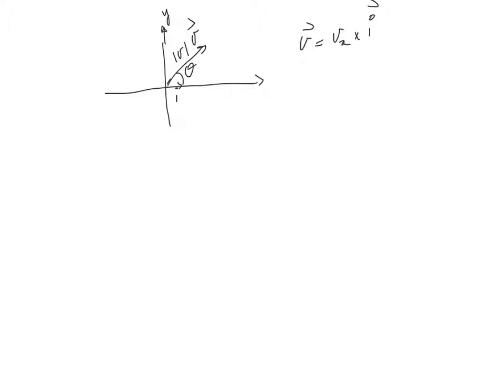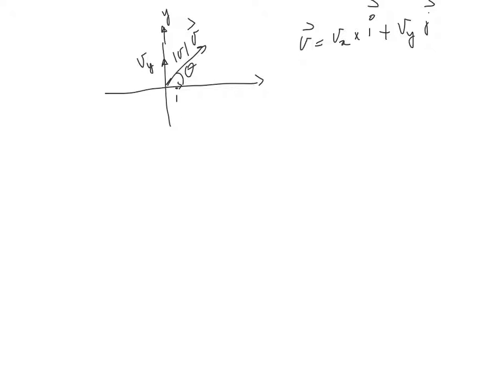This means that it's along the positive x direction, and also the magnitude is 1. Plus, let's assume the component of v along the y direction is v sub y. So we will have v sub y times j. j is the unit vector that we use along the y-axis.